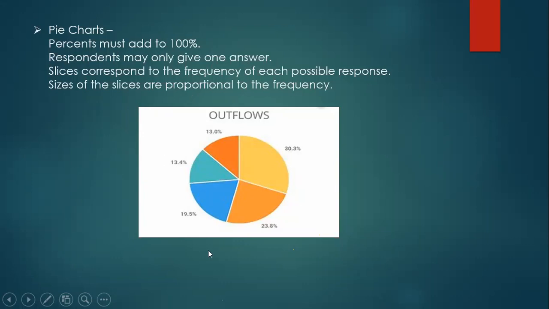So a pie chart is used when you want to represent simple, clear categorical information in a neat way. We normally use it when we only have one response.